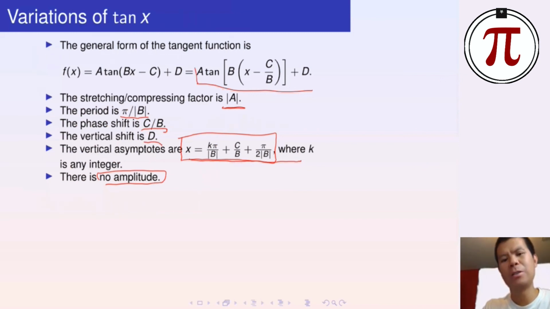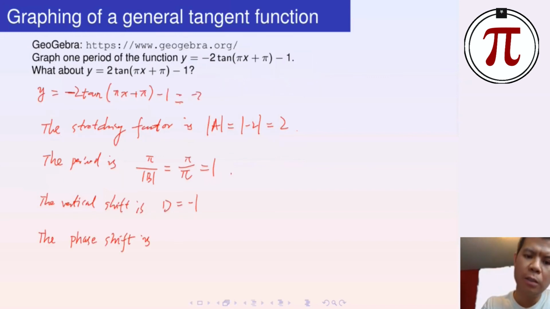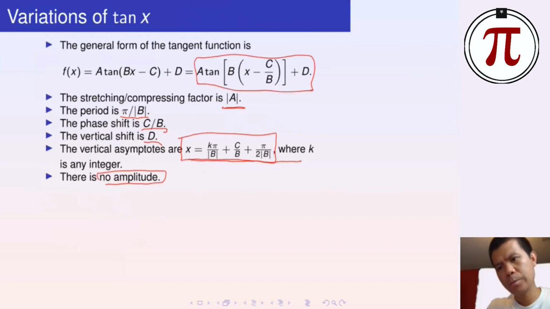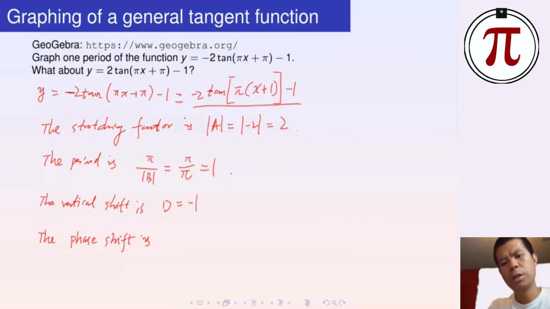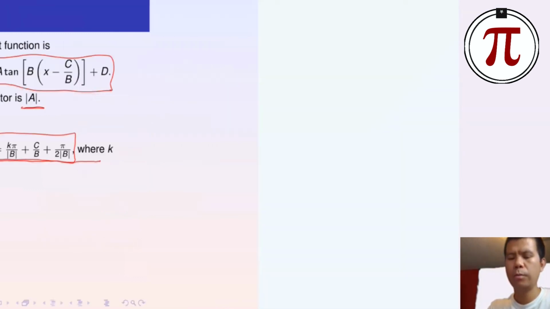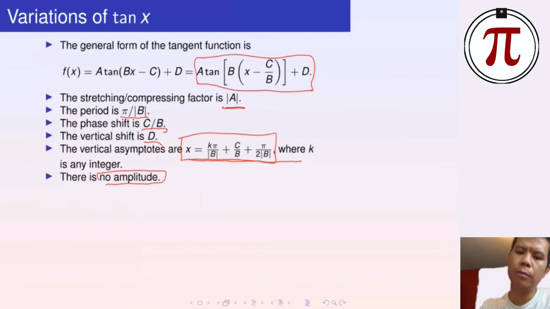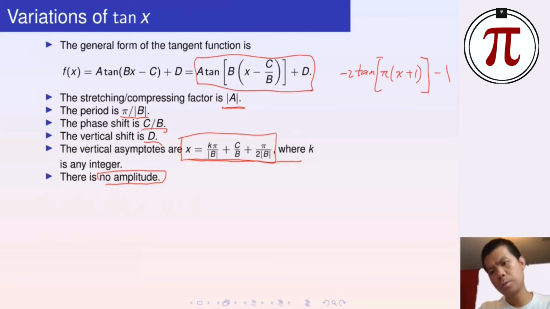You need to write this one in this form first. Everything else is easy, but here it is -2 tangent of (pi x plus pi) minus 1, and it is not in the form we need.